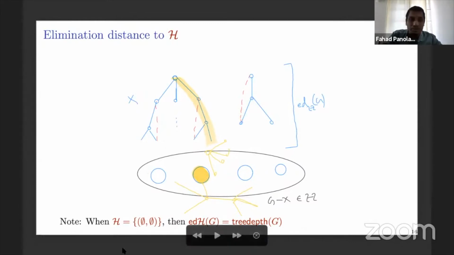So this notion, elimination distance to H, generalizes the notion of tree depth: when H is the graph class containing one empty graph, then elimination distance is the same as tree depth.